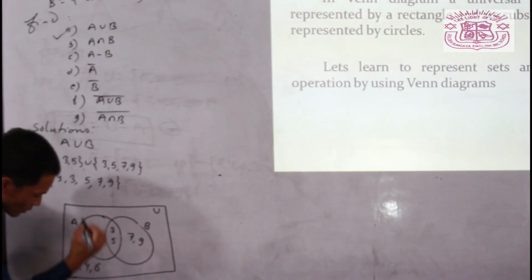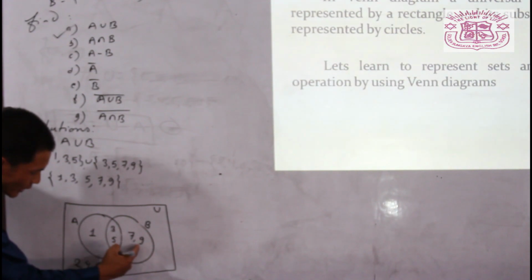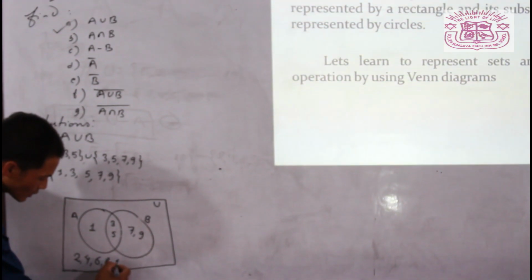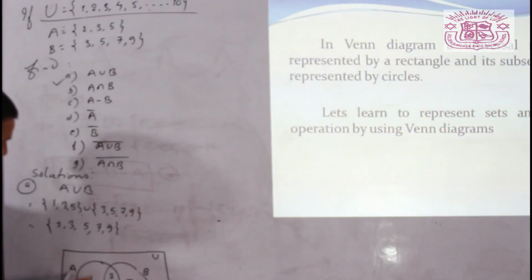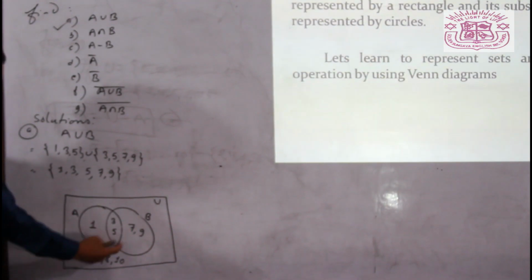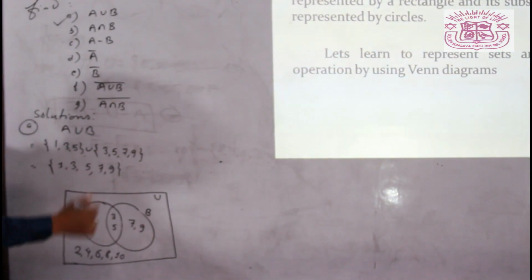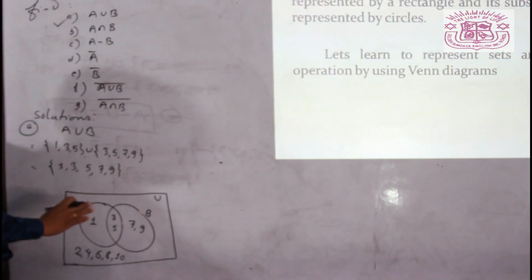So 6. 7 is here. And then 8. 9 has been written here. And that is 10. So altogether we have 10 elements, 1 to 10. Now we have completed the Venn diagram and filling up the elements also.